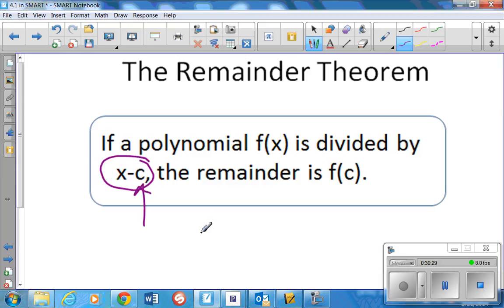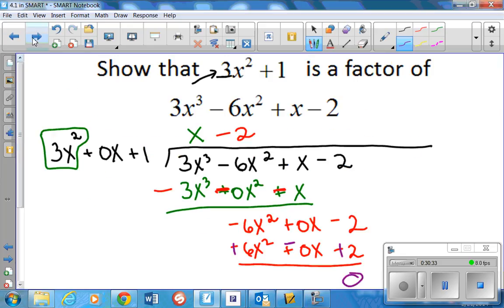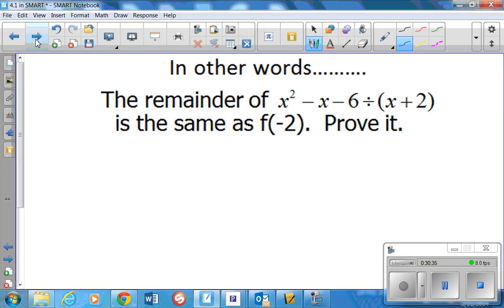Okay, that sounds very, very confusing, Ms. McGinnis. I totally get it. So, let me show you what that means. In other words, if I have x squared minus x minus 6 divided by x plus 2, let's see what we get here. I'm going to take, and I can do this synthetically.